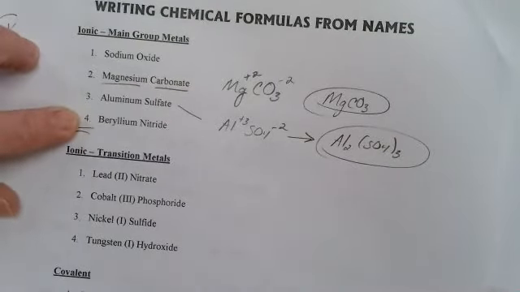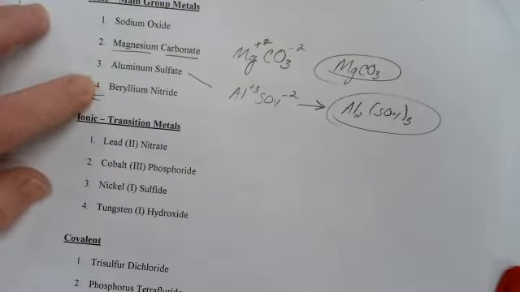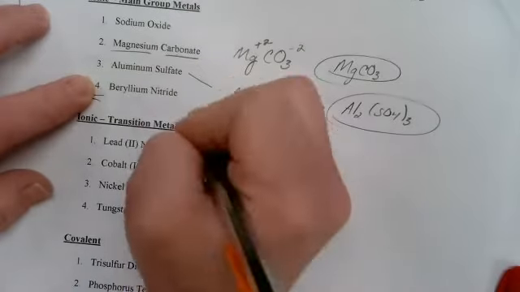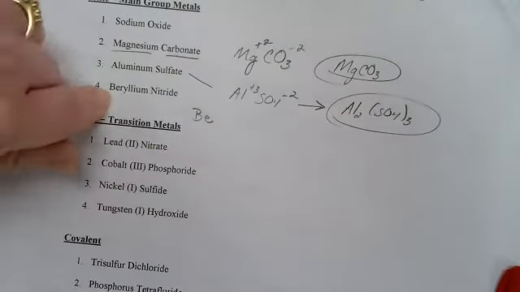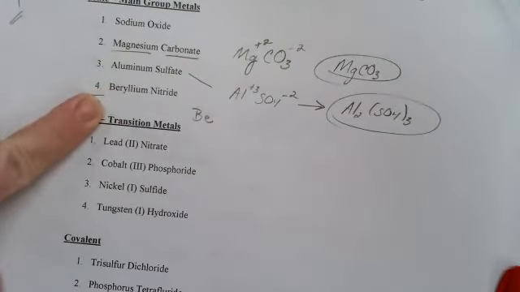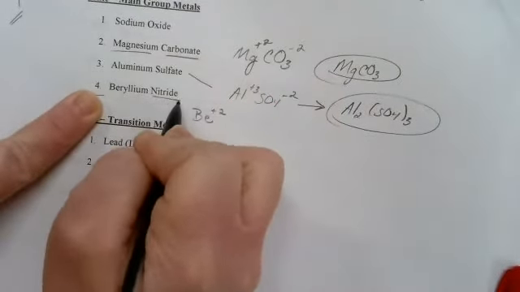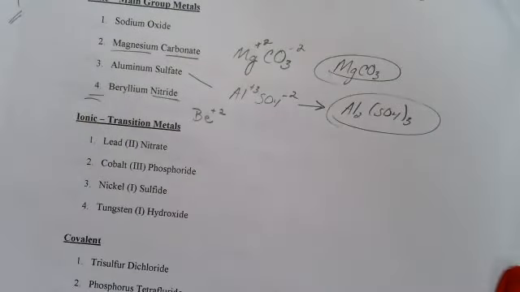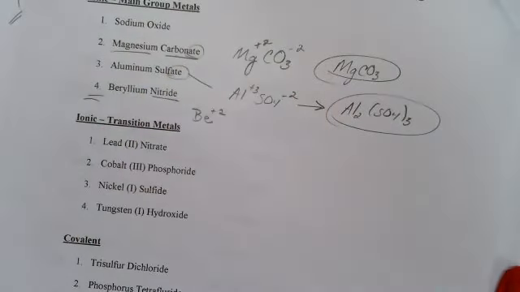Okay, beryllium nitride. Megan, what would you write down for your parts? Okay. Beryllium is what charge? You got it. Now, nitride. Whenever I read ate or ite, we know that has to be a polyatomic ion. Only those things end in ate or ite as anions.